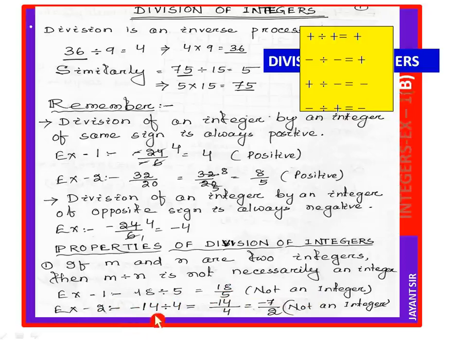Another example, minus 14 by 4, reducing that, we get minus 7 by 2. It is also not an integer. These two are not integers, they are rational numbers. That one I will discuss later.